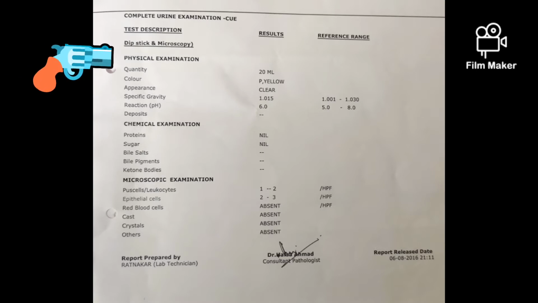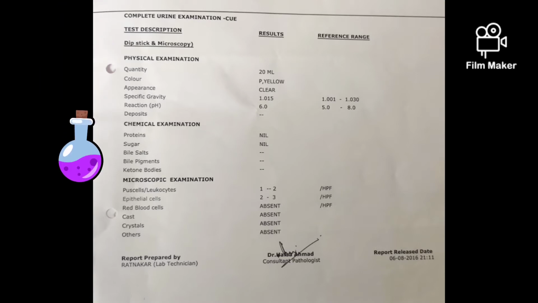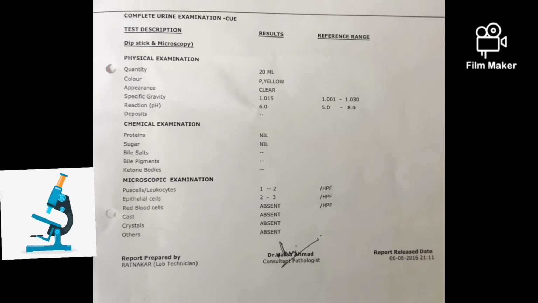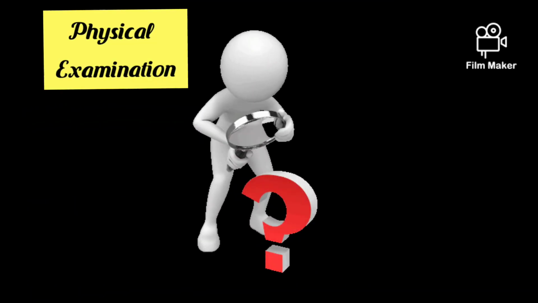Whenever we add some chemicals to the urine, we consider it a chemical examination, and whenever we observe under a microscope, we call it the microscopic examination. So first we'll go with the physical examination.